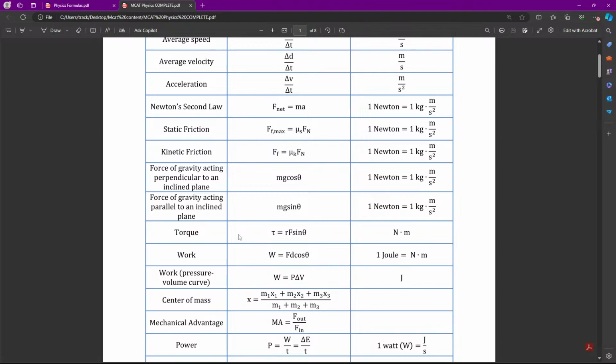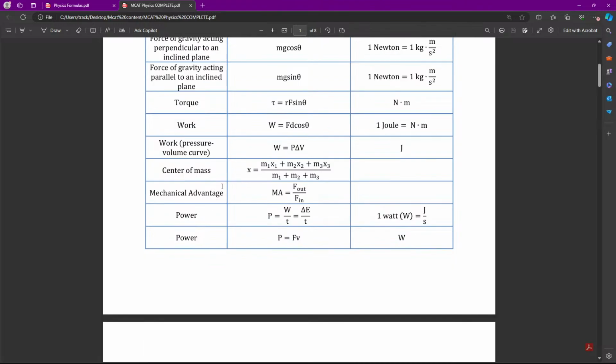Pressure is constant, so there's no change. Center of mass is equal to mass 1 times x1 plus mass 2 times x2 plus mass 3 times x3, divided by m1 plus m2 plus m3. Mechanical advantage, which I just learned again, is F out over F in.